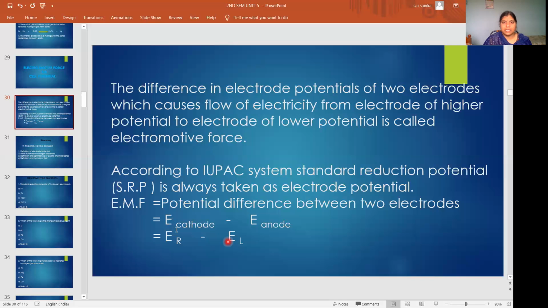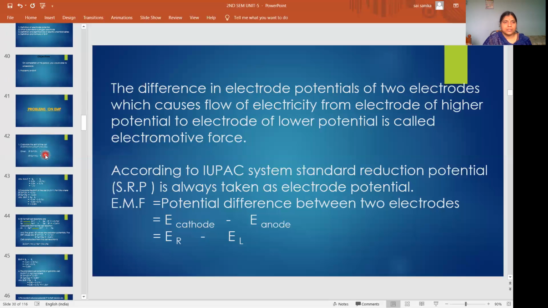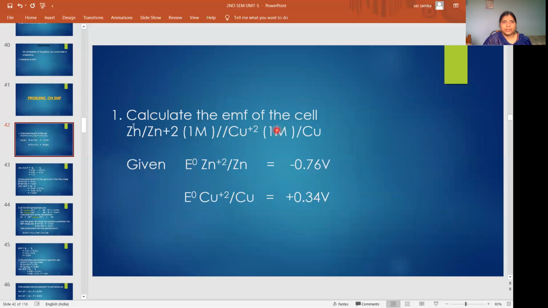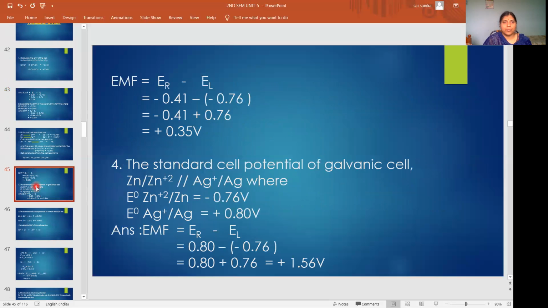We have seen a few problems. What is the first problem? The cell representation is given and we are asked to calculate the EMF of the cell, with the electrode potentials given. So E right minus E left. We calculated a few problems like this.